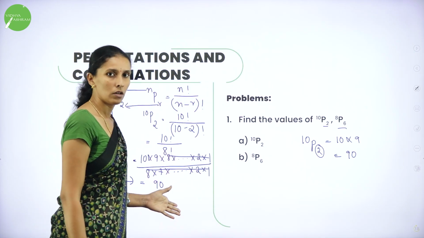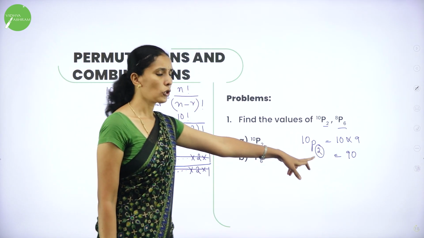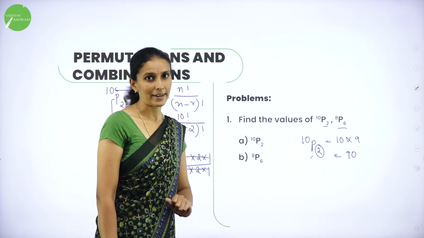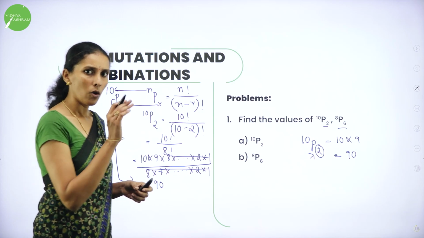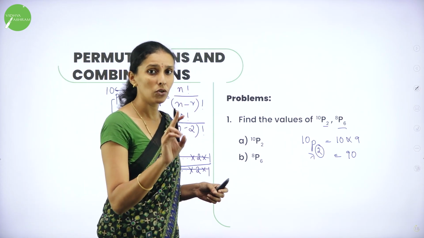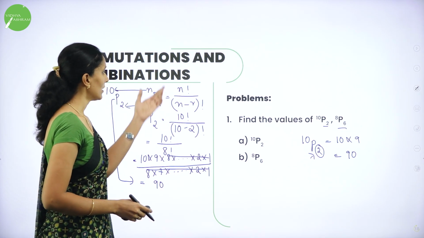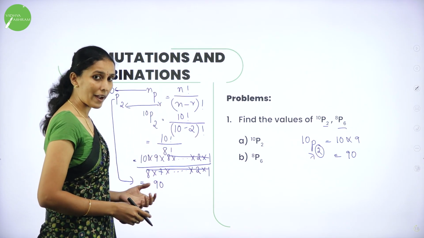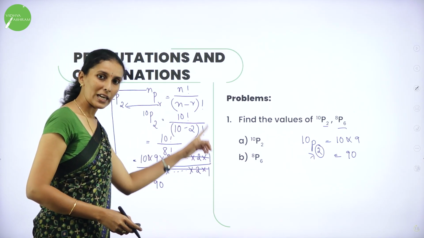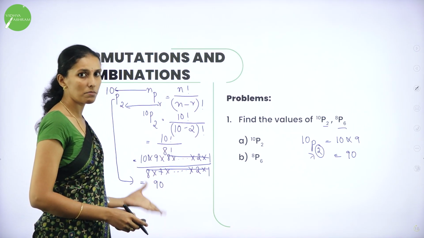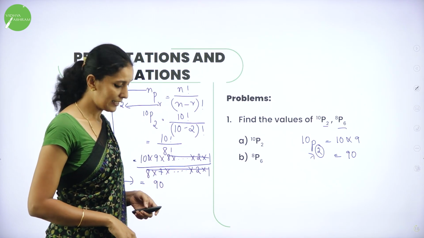Either you can write all the steps, or use this simple concept: 10P2 means write only 2 factors, 10 into 9, and you will get 90. Or you can use the formula n factorial by n minus r factorial. Write all the factors from 10 to 1, write all the factors from 8 to 1, cancel the numerator and denominator terms, then multiply, and you will get the same answer, 10 nines are 90.